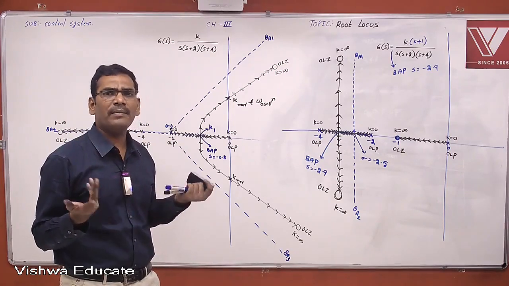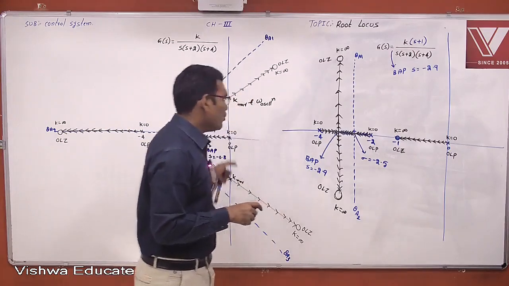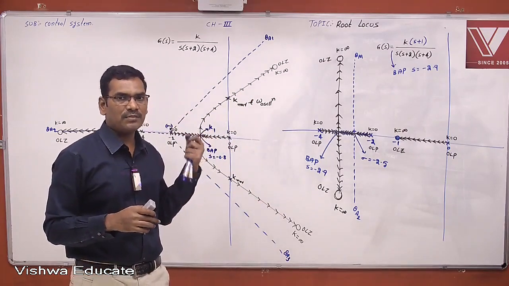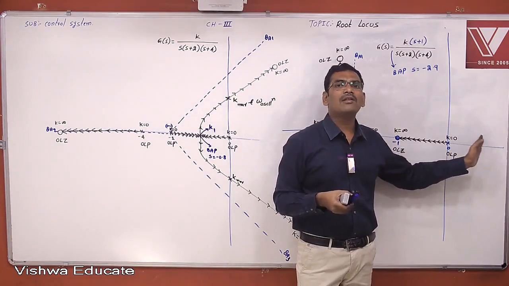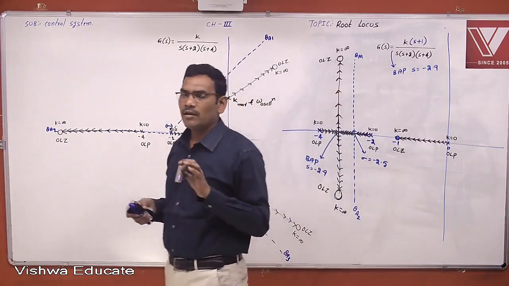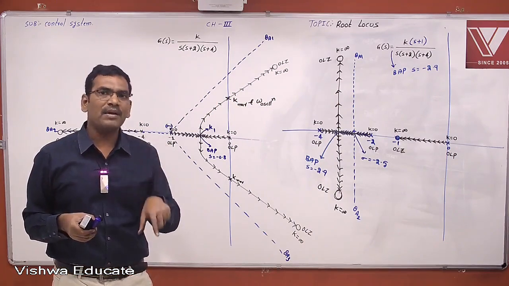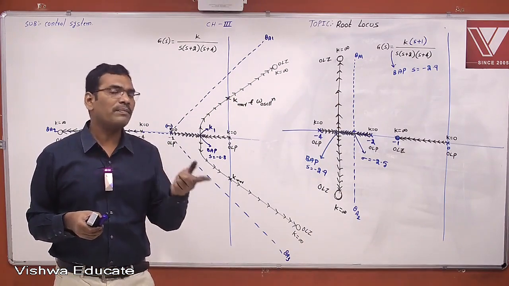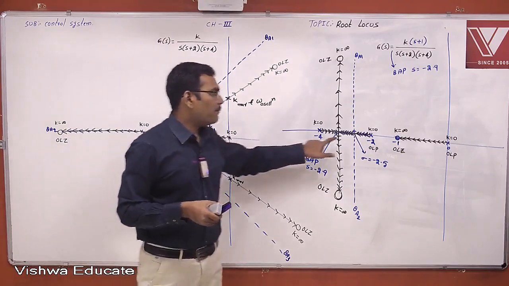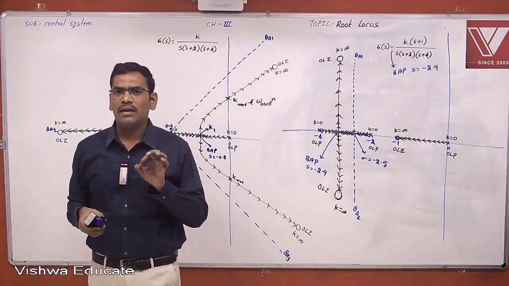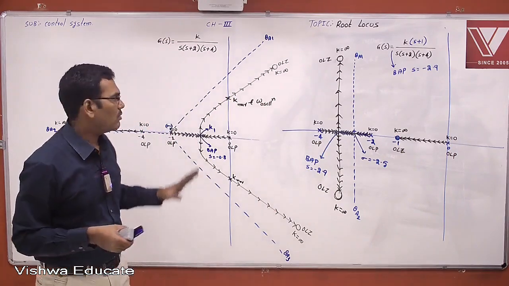The centroid may be anywhere. In these two problems it is on the left hand side of the S plane, but the centroid may be on the right hand side also. It may be on the positive real axis. The centroid lies anywhere on the real axis. It may be on the root locus branch or not. Whereas the breakaway point and break-in point must lie only on the root locus branches. Understand or not? This is very, very important.